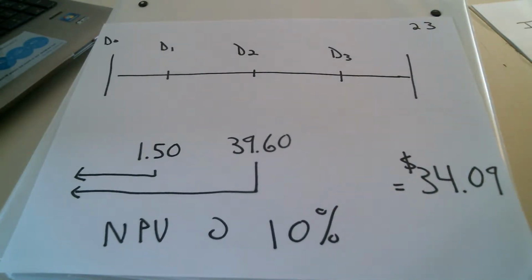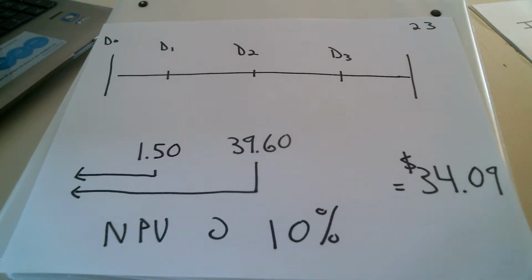D0, D1, D2, D3. The first dividend, D1, is $1.50. D2 is $39.60. And of course, D0 was the starting point.